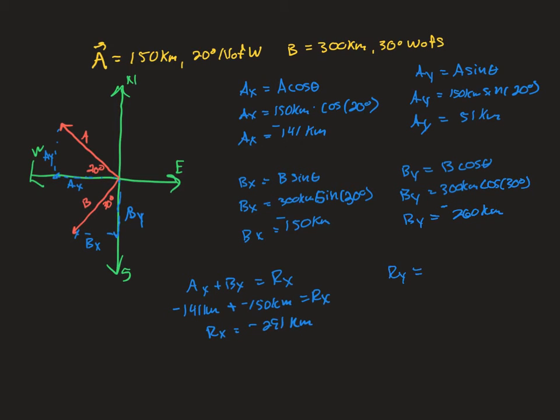And R of y is going to equal A of y plus B of y. So R of y is going to equal 51 kilometers plus a negative 260 kilometers, which is going to give us a negative 209 kilometers.